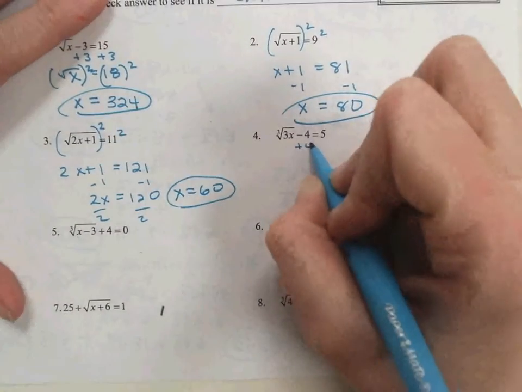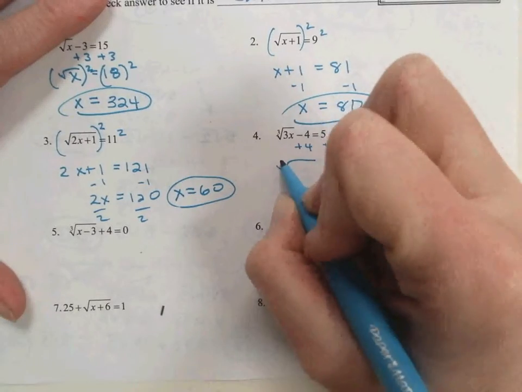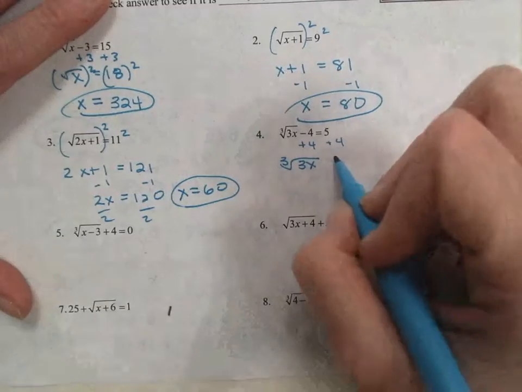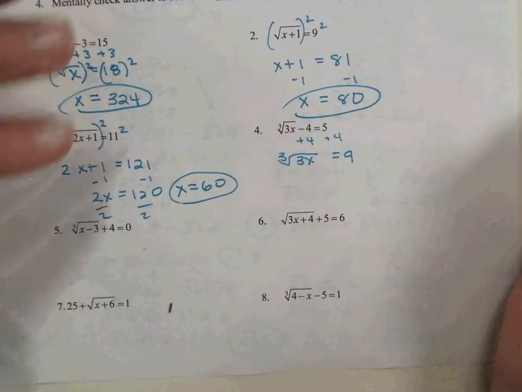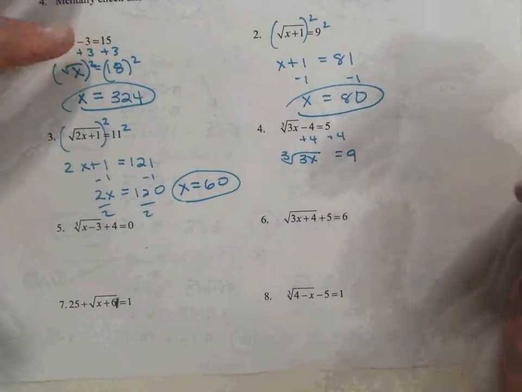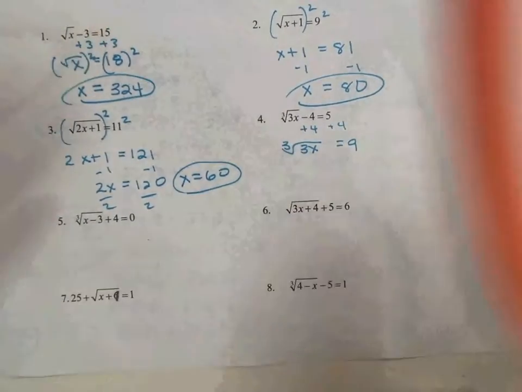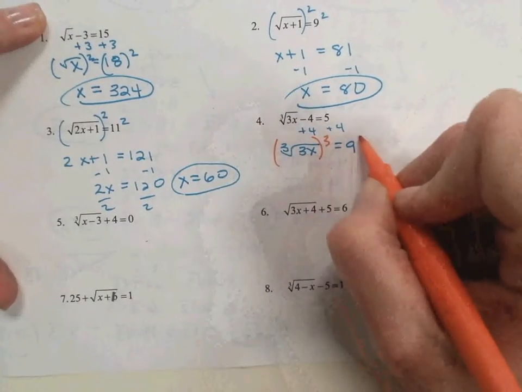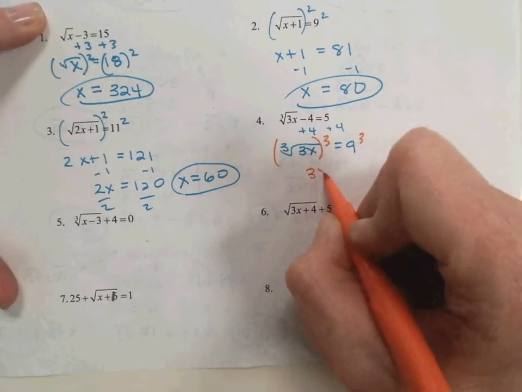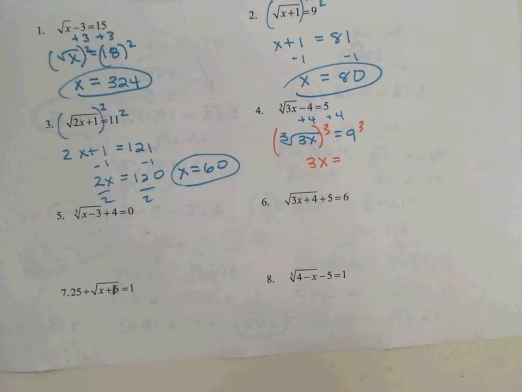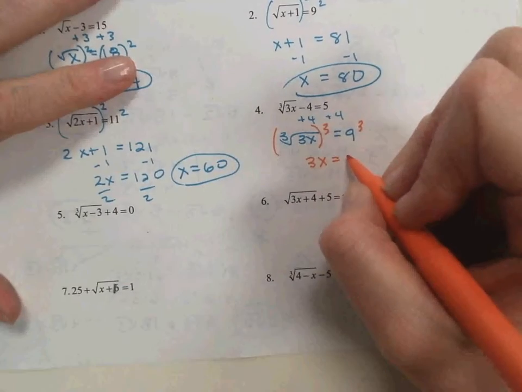Number 4, add 4 to both sides, cube root. Now this is where you really have to pay attention to the number that's in the index, because this time instead of squaring both sides, cube both sides. So now I have 3x equals, what's 9 cubed? 729.